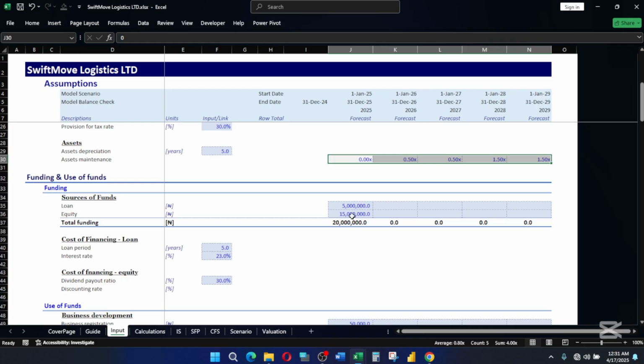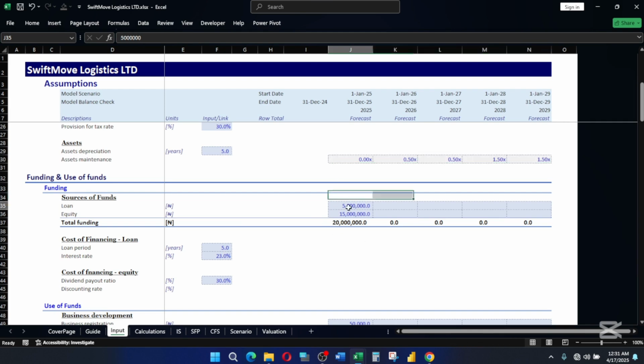So his equity in the business is 15 million naira and his debt is 5 million naira. Sometimes the reverse is the case, right? Sometimes people obtain more loan than equity. So depending on the client's choice, this is how we are going to do it.